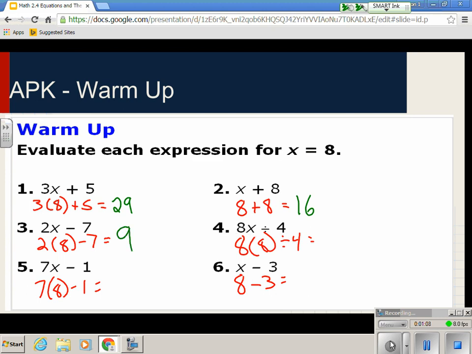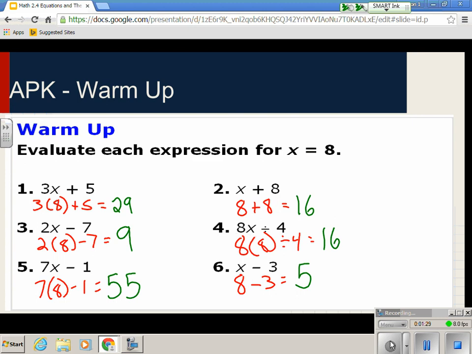For number 4, you have 8 times 8, which gives you 64, and then you divide that by 4, you'll get 16. And for number 5, 7 times 8 gives you 56, minus 1 gives you 55. And then finally, for number 6, you have 8 minus 3, and that gives you an answer of 5.